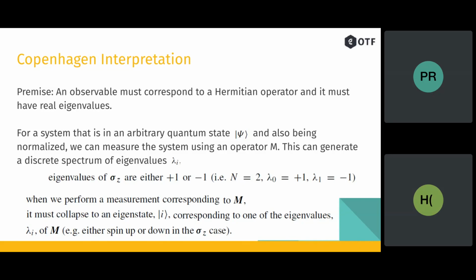So the Copenhagen interpretation of a Hermitian operator is simply that you are going to have a lambda i, where i can be 0 to n minus 1. So every coefficient lambda 0, lambda 1, lambda 2, up to lambda n minus 1, whatever that n happens to be. In this case, n equal to 2, which is nothing but the Born's rule.